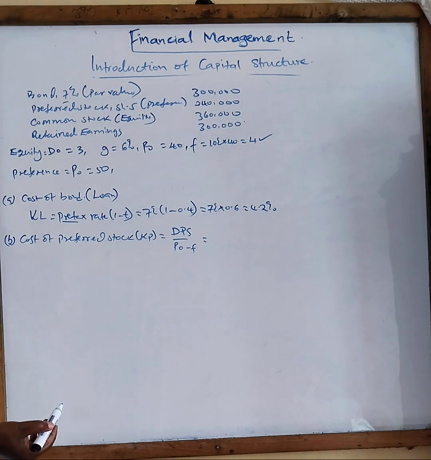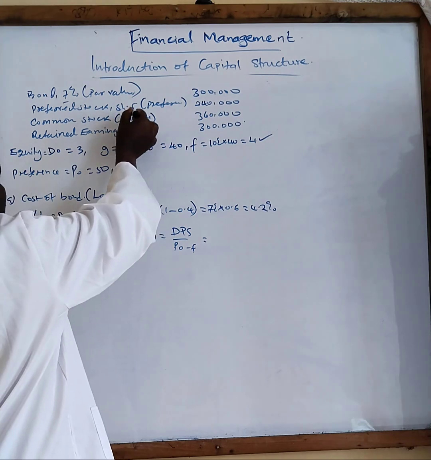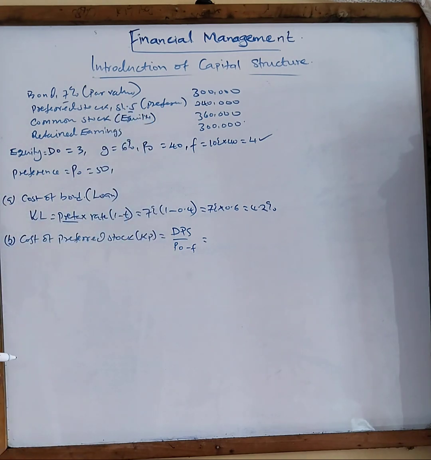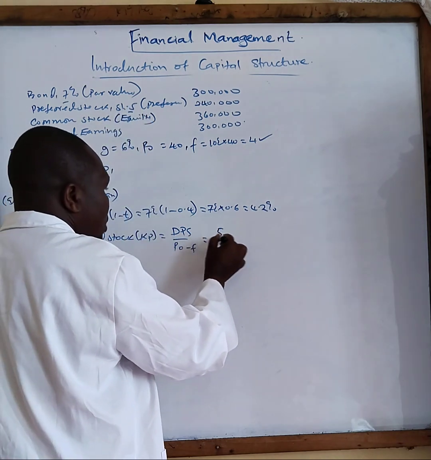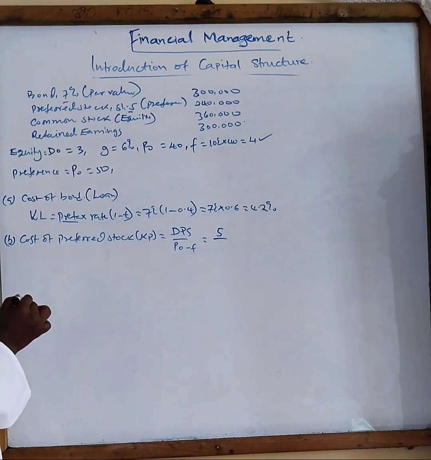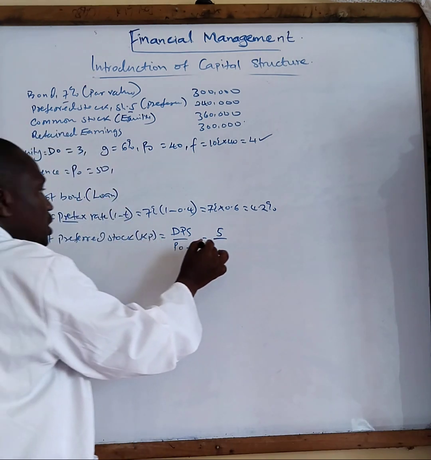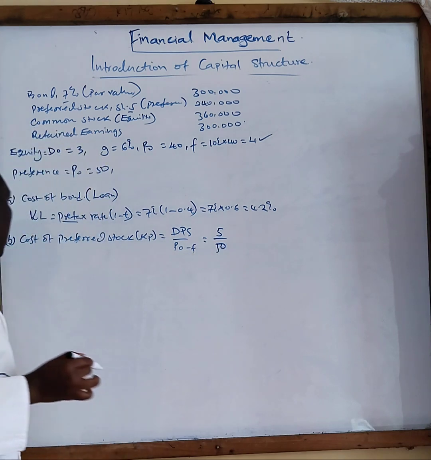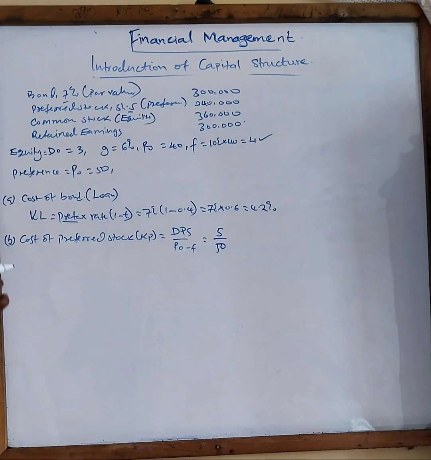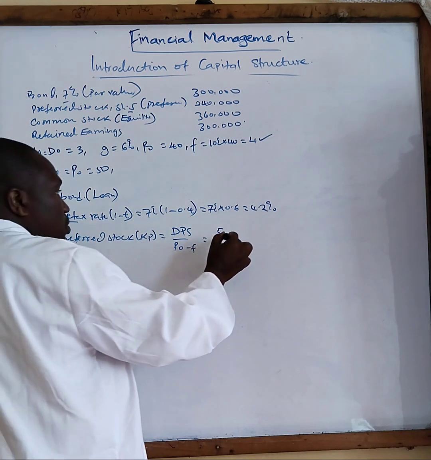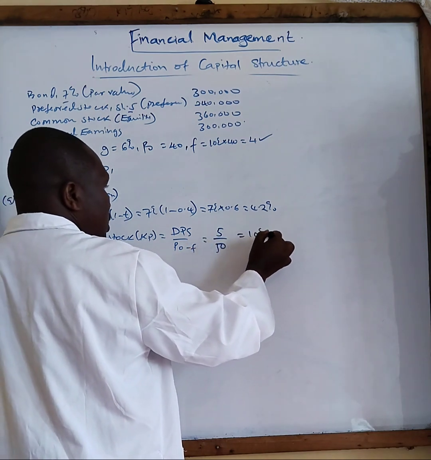Have you been given the DPS? Yes. It is already here calculated. 5 shillings. So you take now your 5 over the market price. How much is the market price? 50. Is there any flotation for preference shares? No. Flotation cost that we have been given is for the equity common stock. So we don't have. So when you work out this one, you get what? 10%.